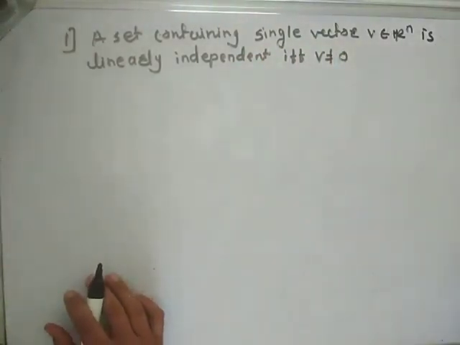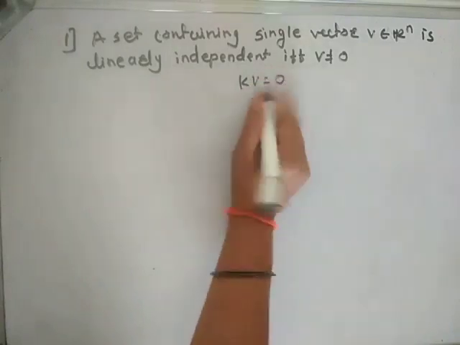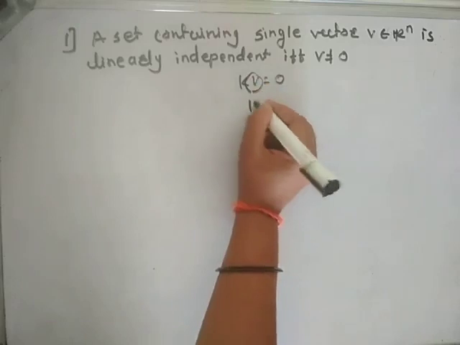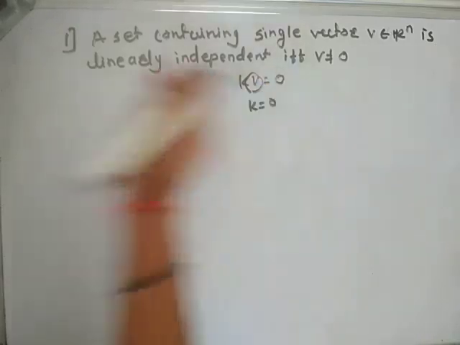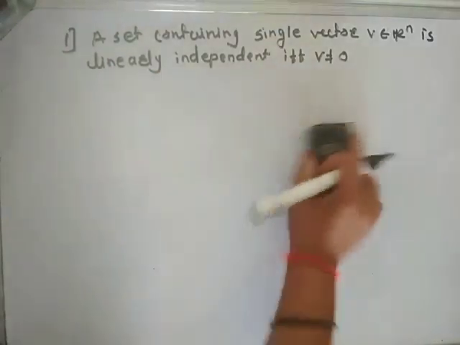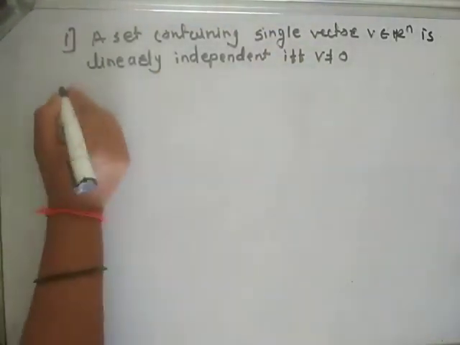Means any non-zero vector is linearly independent. It's obvious. If you take the linear combination K times V equals 0, V not equal to 0 implies K equals 0. So always keep in mind that any single non-zero vector is linearly independent.